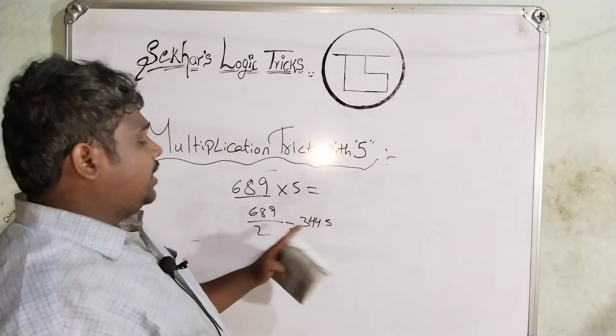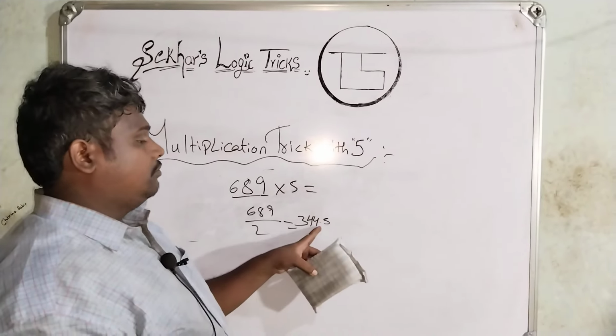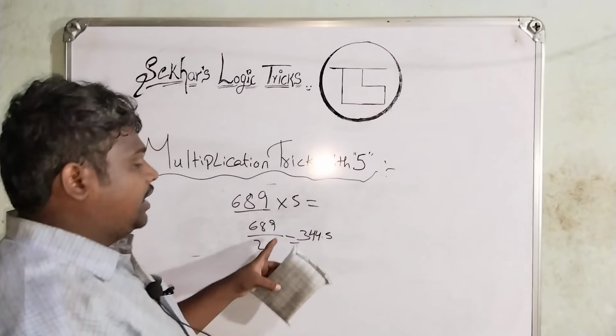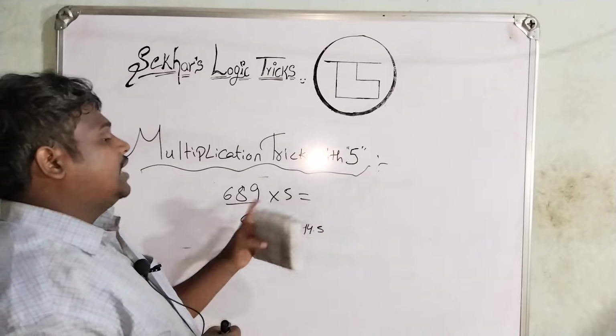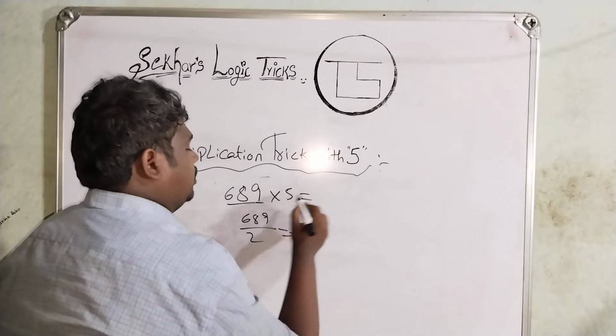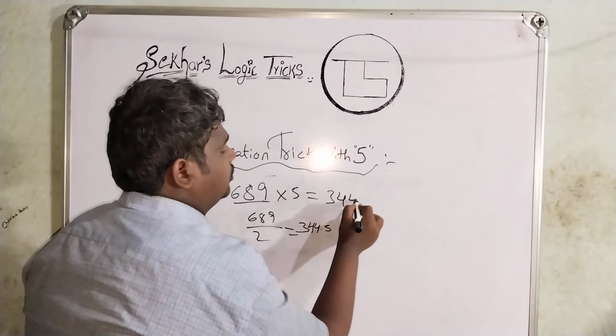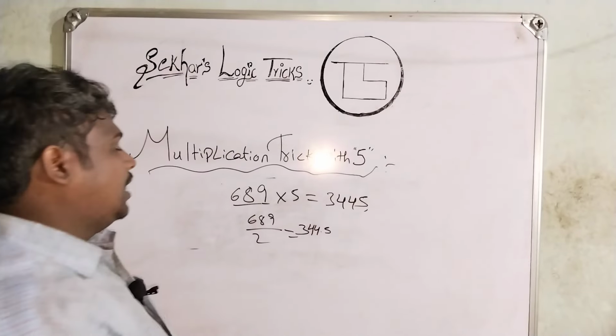So for any odd number multiplied with 5, we get 3445 as the answer.